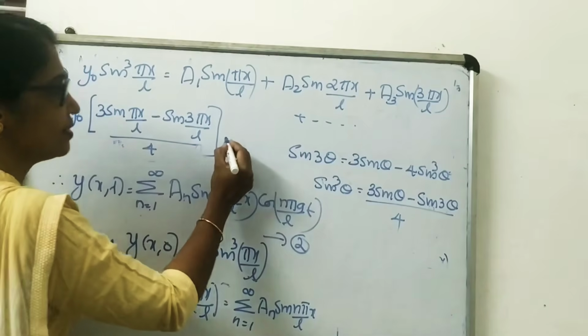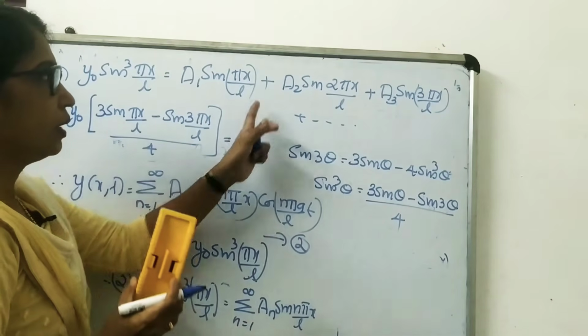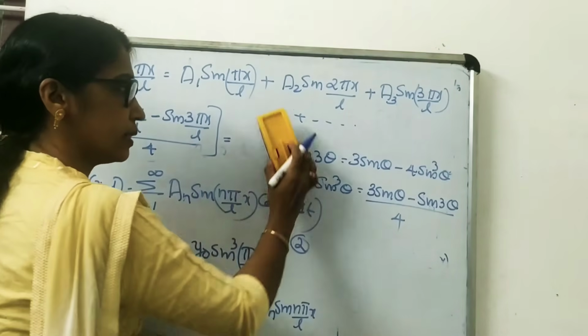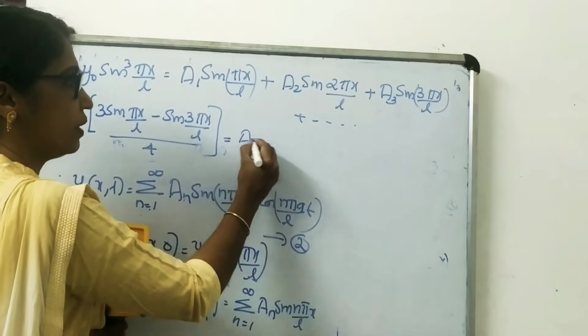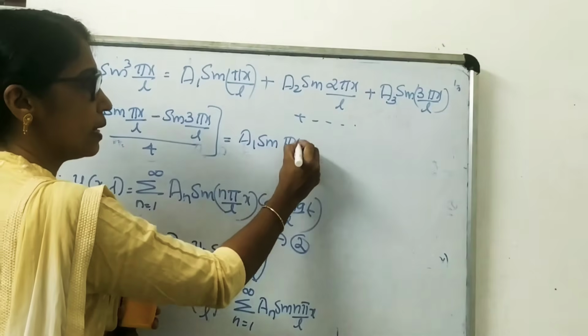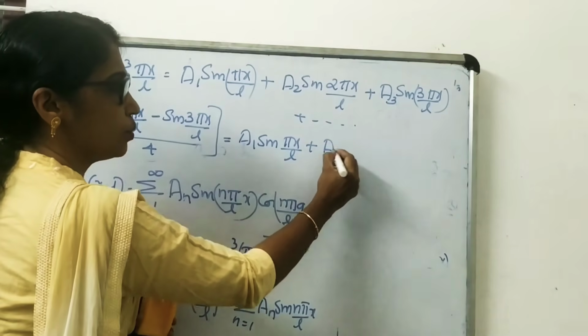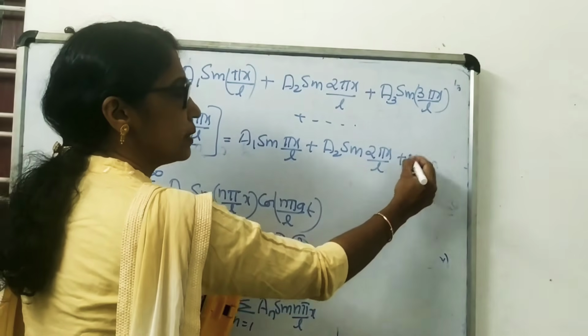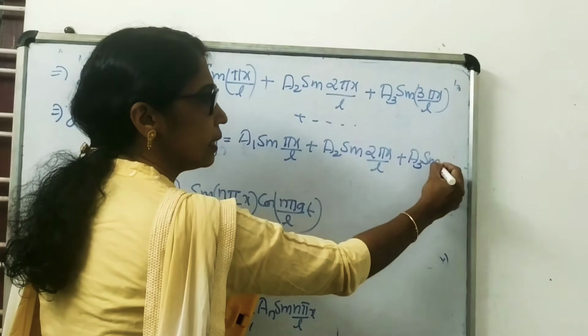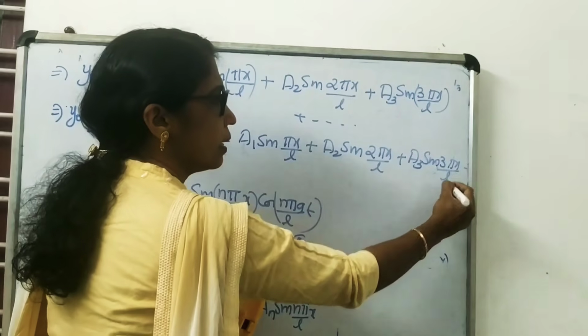This is equal to a1 sin(pi x / L) plus a2 sin(2 pi x / L) plus a3 sin(3 pi x / L) plus etc.